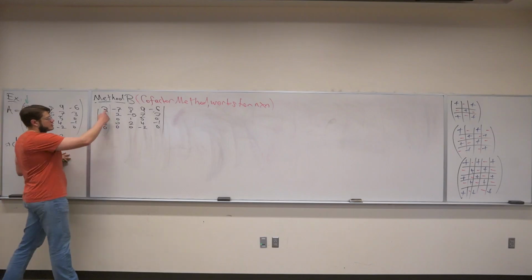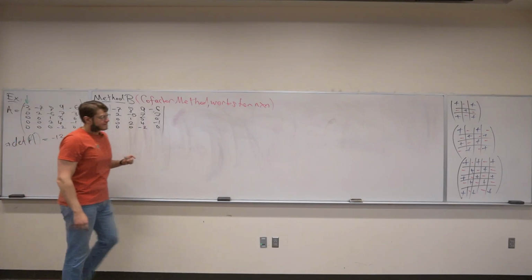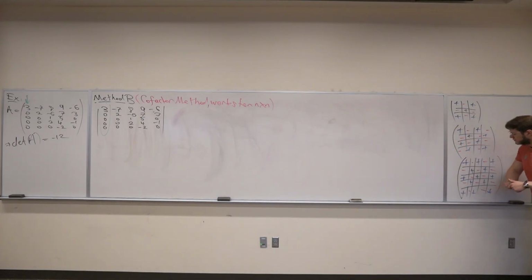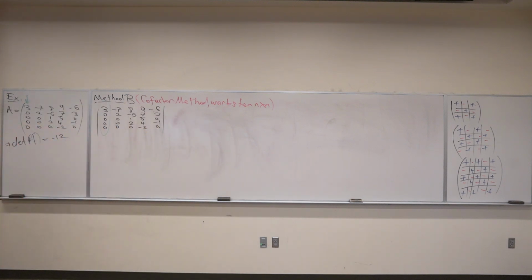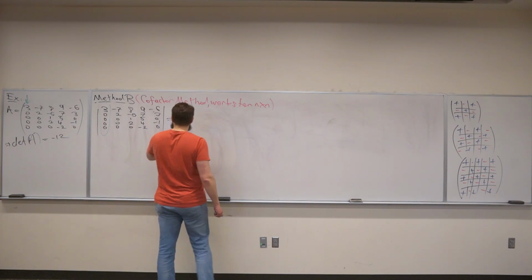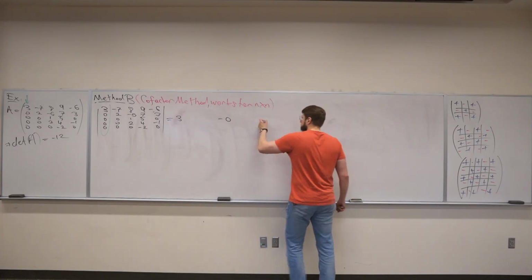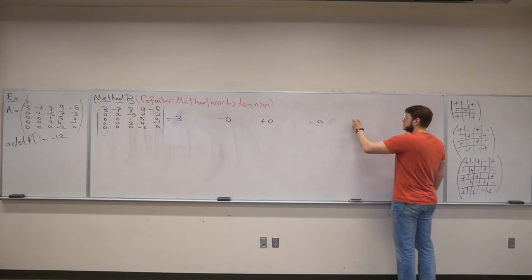You write each of these entries, and then you add and subtract depending on these pluses or minuses. Meaning, what you do is this. So minus 0, plus 0, minus 0, plus 0.